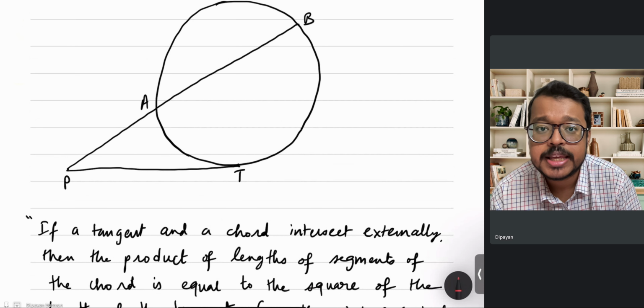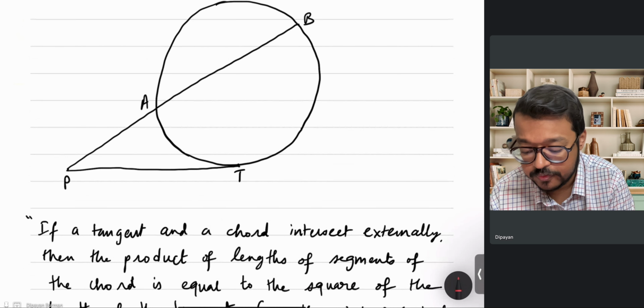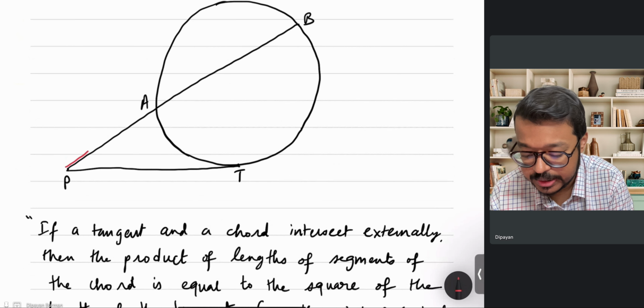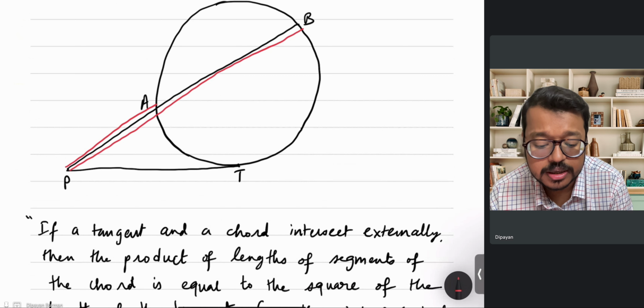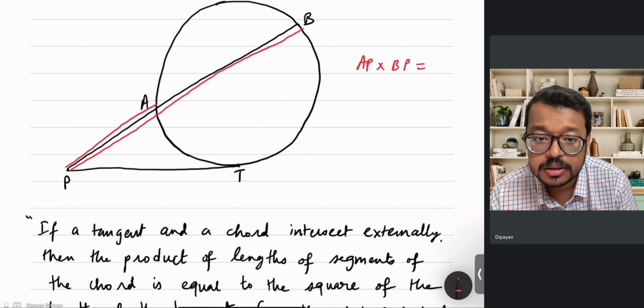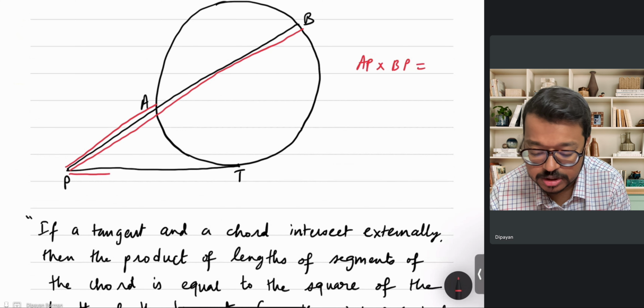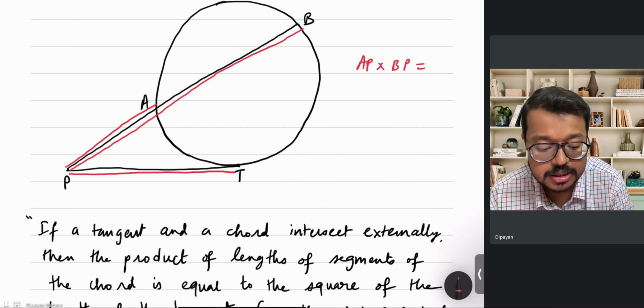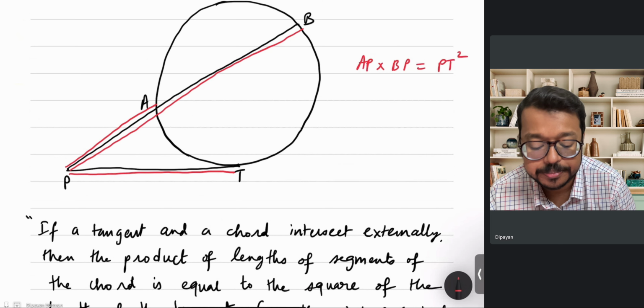The segments of chord AB will be AP and BP. So the product AP into BP will be equal to the square of the length of the tangent. The tangent is PT, so the product AP into BP will be equal to PT square.